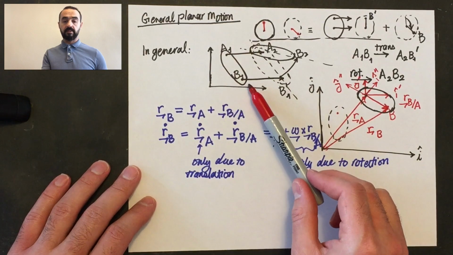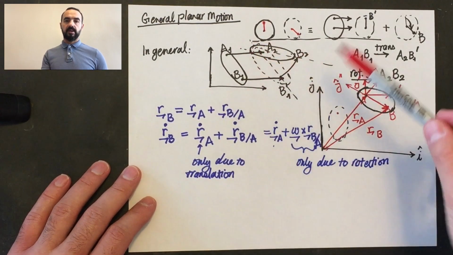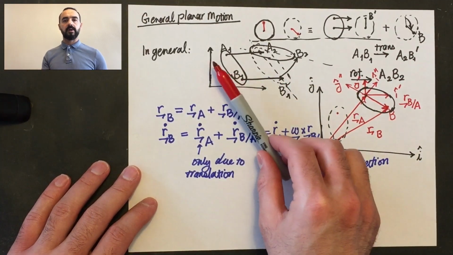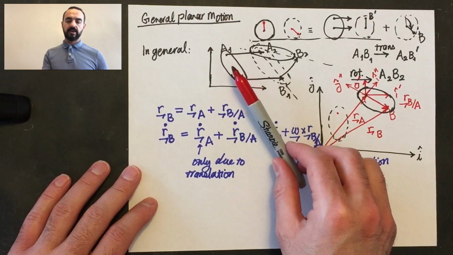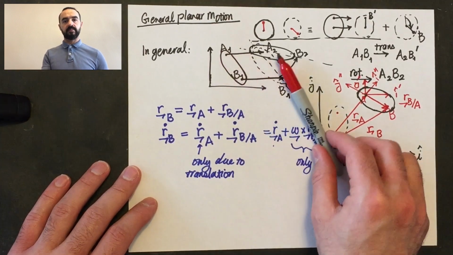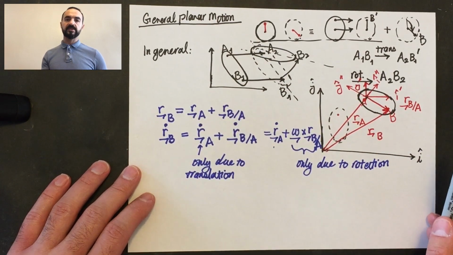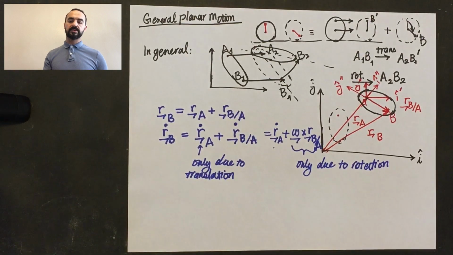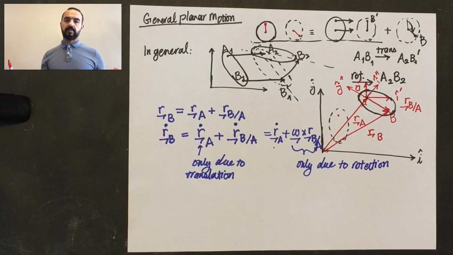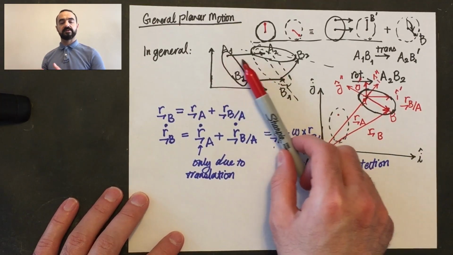In general, let's say I have this body, and this body's final configuration looks like this. Ignore my drawing issues, but we can always decompose this planar motion to a translation. When we have a translation, we said that all points on the body translate on parallel trajectories.